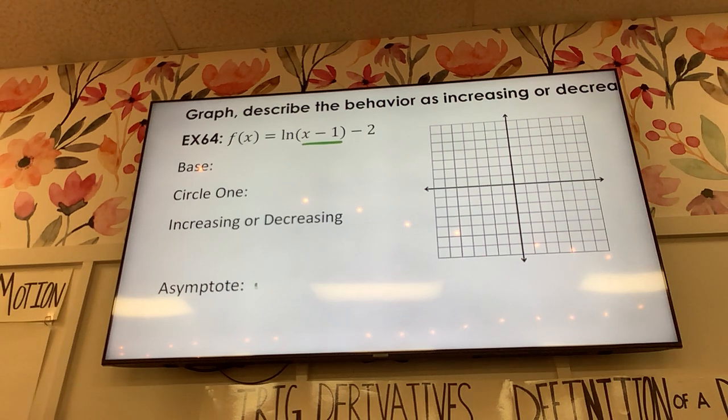All right, so my asymptote is going to be at x equals 1. It's moving to the right 1. So your asymptote is going to be at positive 1.